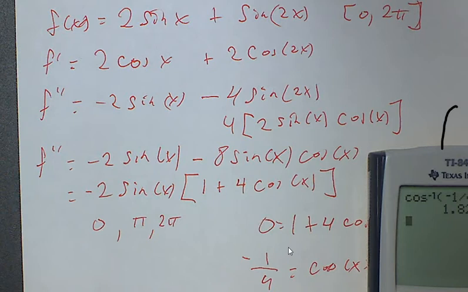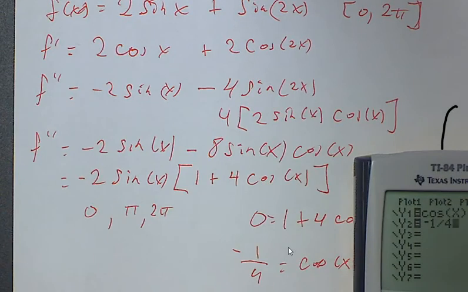I tell you what I would do, because I'm struggling with what it would be. I would graph it. I would say, where does y equals cosine of x have a y coordinate of negative 1/4?